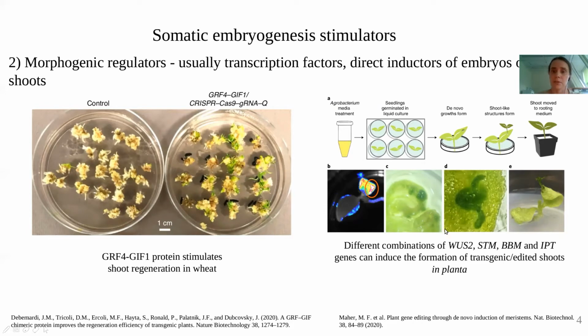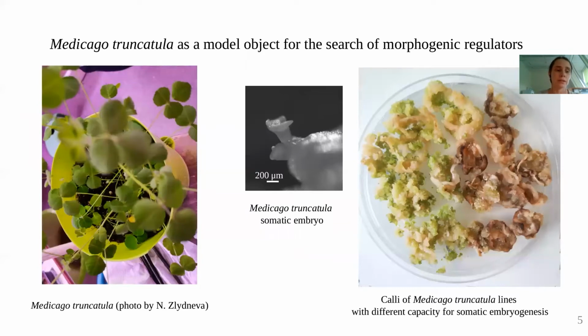In this picture, you can see the application of Agrobacterium containing a plasmid with genes for other morphogenic regulators, such as Wuschel, Shoot meristemless, Baby boom, and so on. When you apply Agrobacterium to part of the plant tissues, the transformed cells can regenerate a new plant. So we study somatic embryogenesis and we search for morphogenic regulators using Medicago truncatula as a model object.